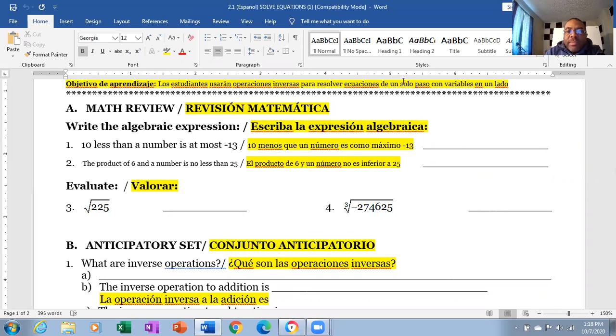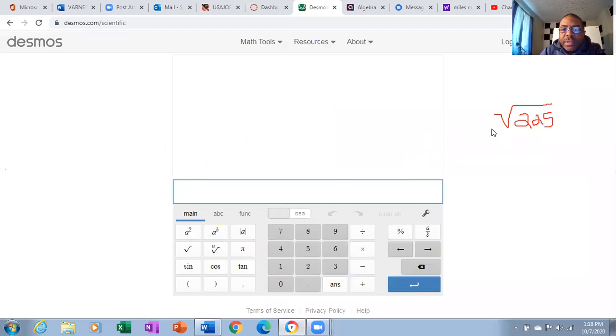Now, I highly recommend that you always rewrite the problem. The reason that you rewrite the problem is it sticks in your brain better when you actively work on the problem. So rewrite it.